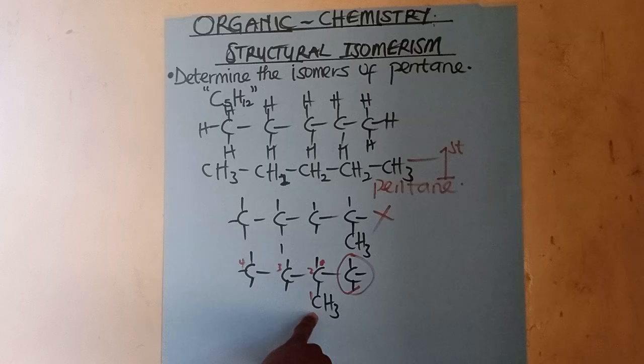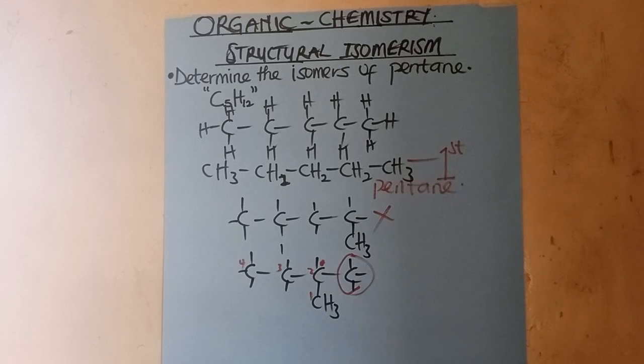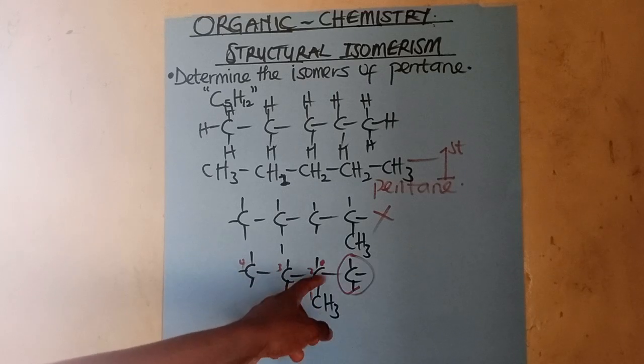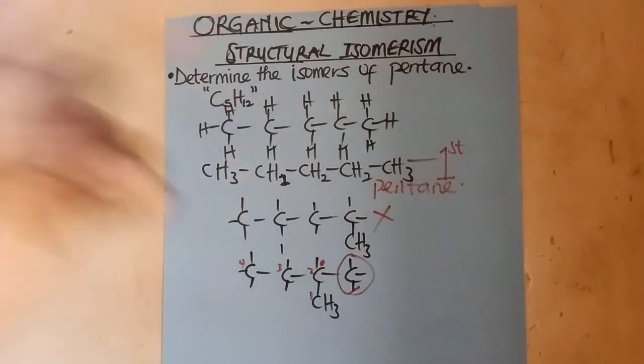Don't think that because I wrote CH3 here, this one is actually methyl. No. Most students usually make the mistake that whenever they see CH3 written somewhere, they assume it is methyl. Though it can be methyl, at the same time it might not be a substituent or any other thing, if it goes with the longest chain.